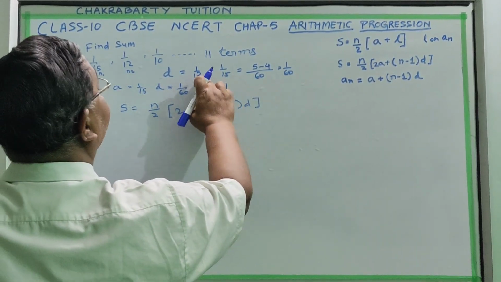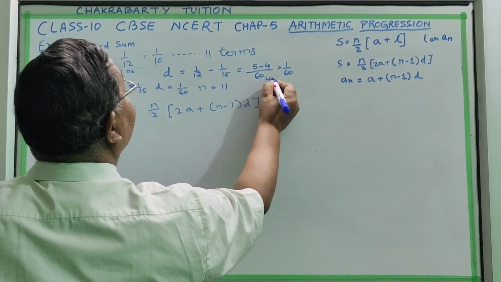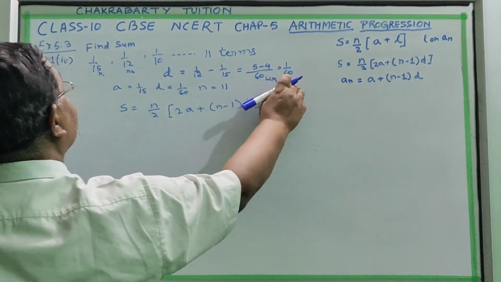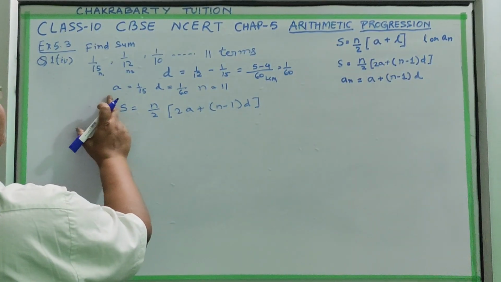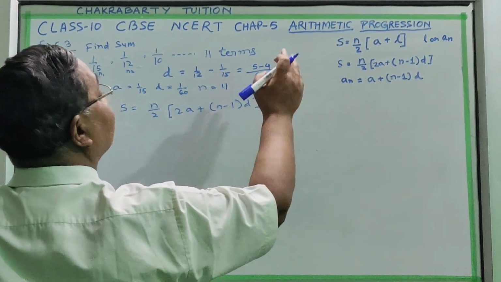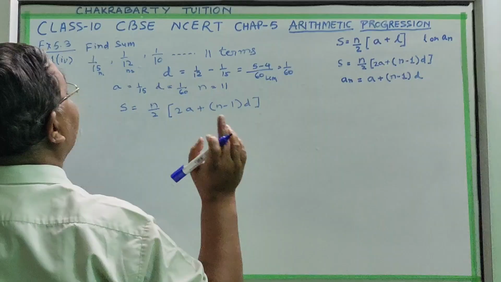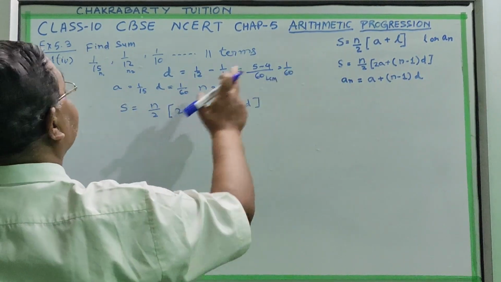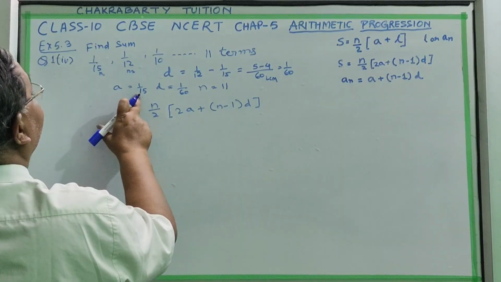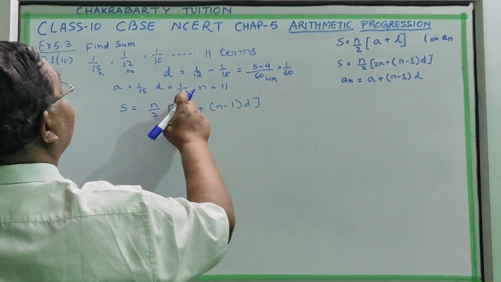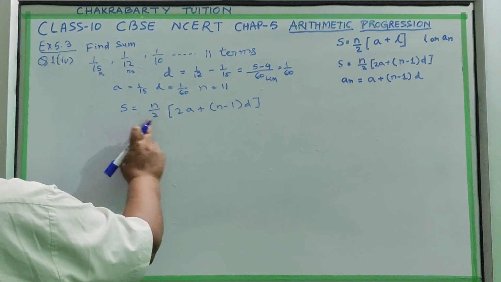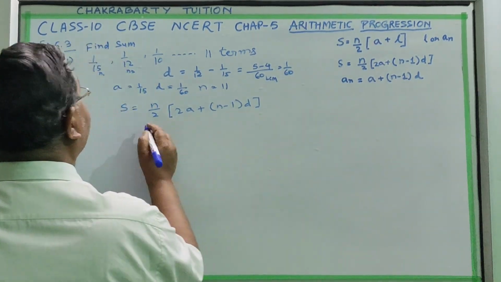We subtract them by taking the LCM of 12 and 15, and 1 upon 60 will come. For how this LCM is solved, you can see my video on fractions. Then a is 1 upon 15, and d we have calculated as 1 upon 60. Now using the formula, we will fill in the figures.